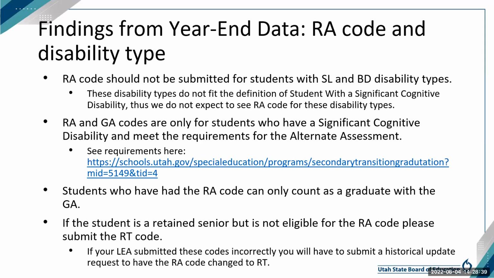Students who have had an RA code can only count as a graduate with a GA. So that's pretty critical: if you begin to submit the RA, then that graduate will be a GA. If a student is a retained senior and is not eligible for the RA code, please submit the RT. Okay. And obviously, we have the historical update if we need to change some things.